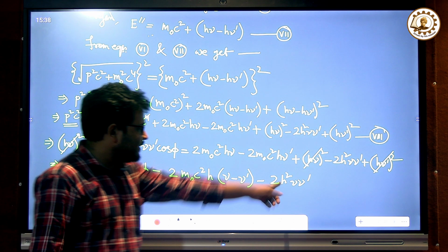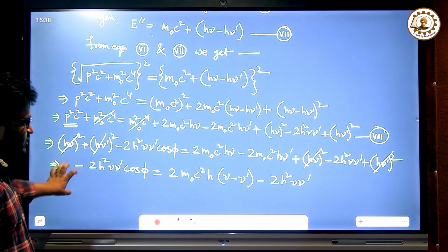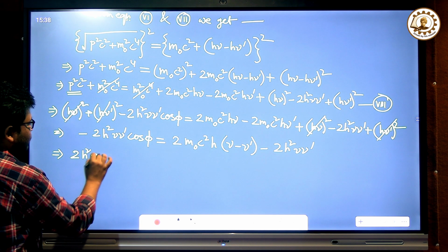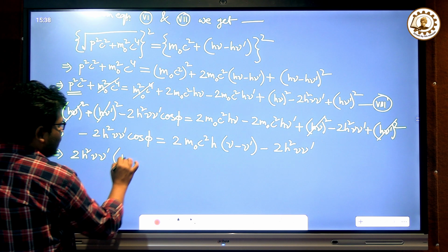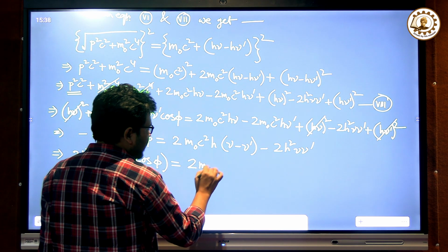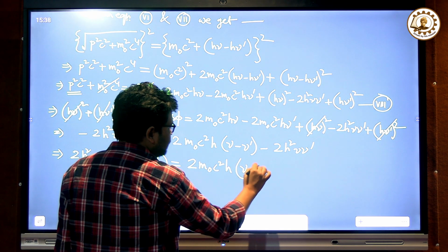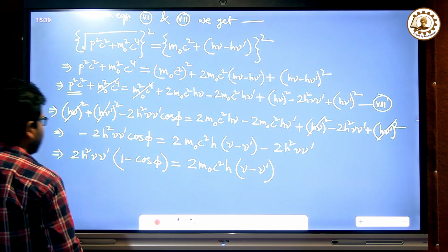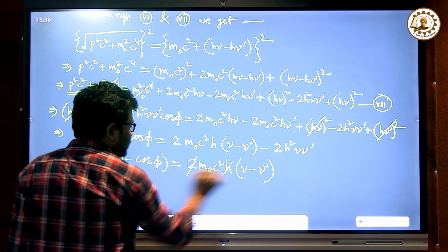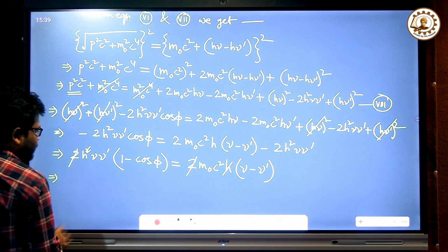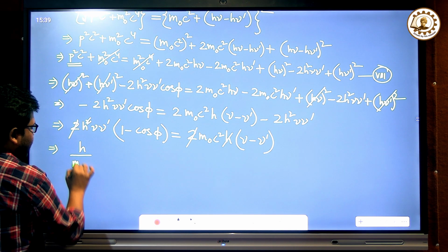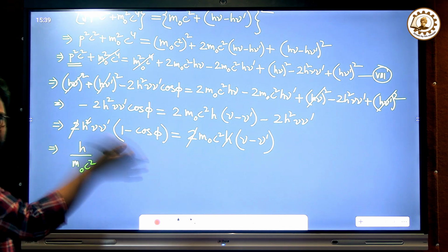If I keep this term on the left hand side, it gives us 2 h square nu nu prime within bracket (1 minus cos phi), and on the right hand side 2 m0 c squared h (nu minus nu prime). So these two cancel out, this h and this h also cancel out, and we only have h by m0 c square. I am just rearranging all the terms from both sides.